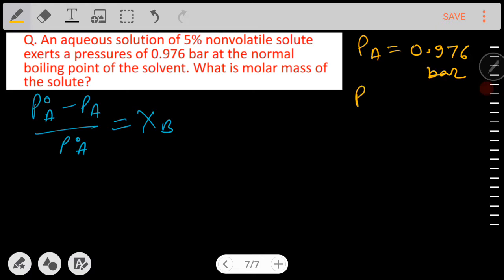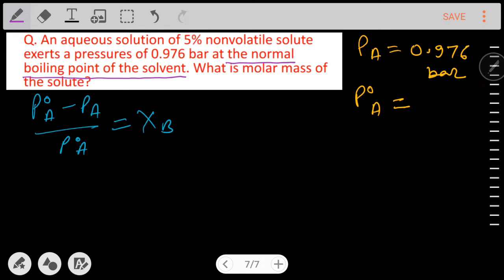The value of P naught A, means pure solvent's vapor pressure, is not given. In place of this, the condition of the solution is given here, that is the normal boiling point of the solvent.